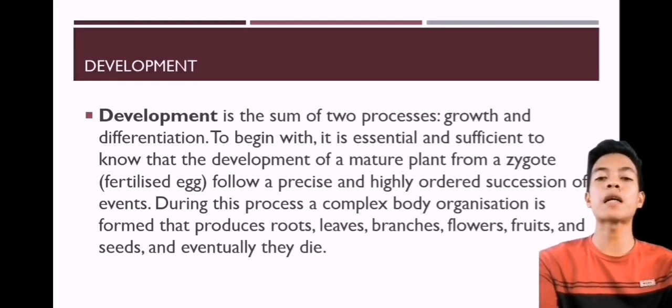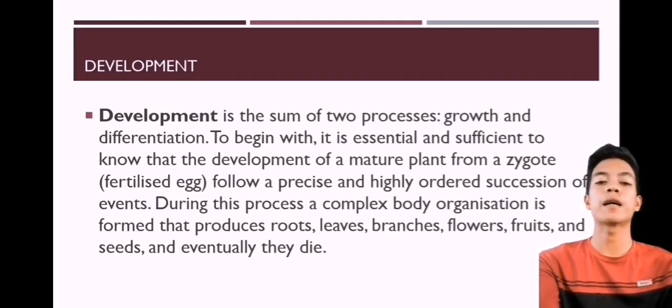Development is the sum of two processes, growth and differentiation. To begin with, it is essential and sufficient to know that the development of a mature plant from a zygote follows a precise and highly ordered succession of events. During this process, a complex body organization is formed that produces roots, leaves, branches, flowers, fruits, and seeds, and eventually they die.